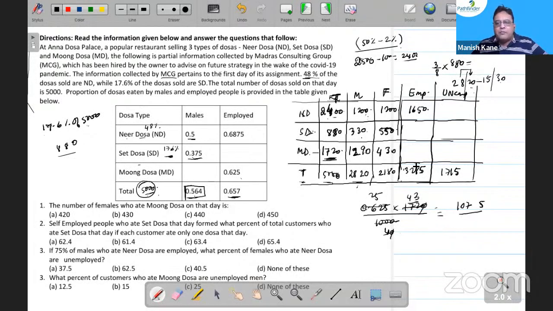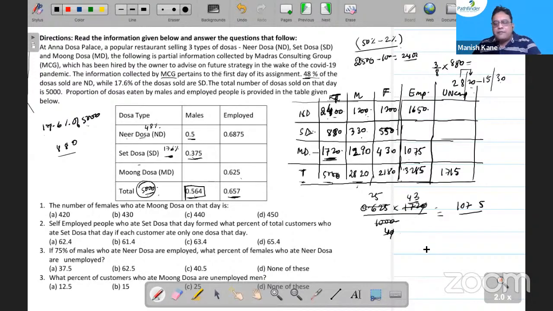So how many moong dosa eaters are employed? 1075. Again, add up 1075 and 1650. So 2650, 26125, 27125.